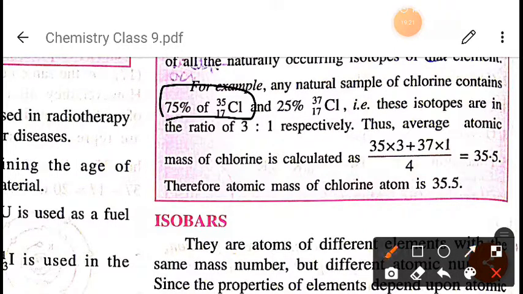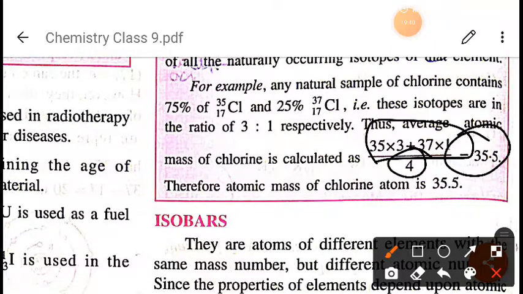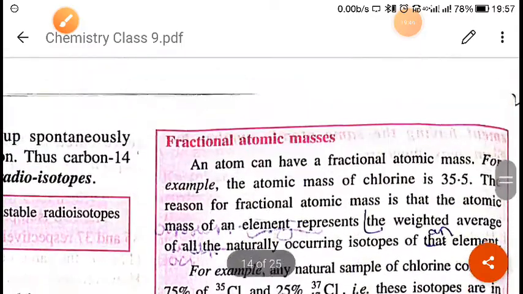As you can see, it is already done here: 35 into 3 plus 37 into 1, divided by 4, we get 35.5. In this way we find the average atomic mass, or fractional atomic mass.